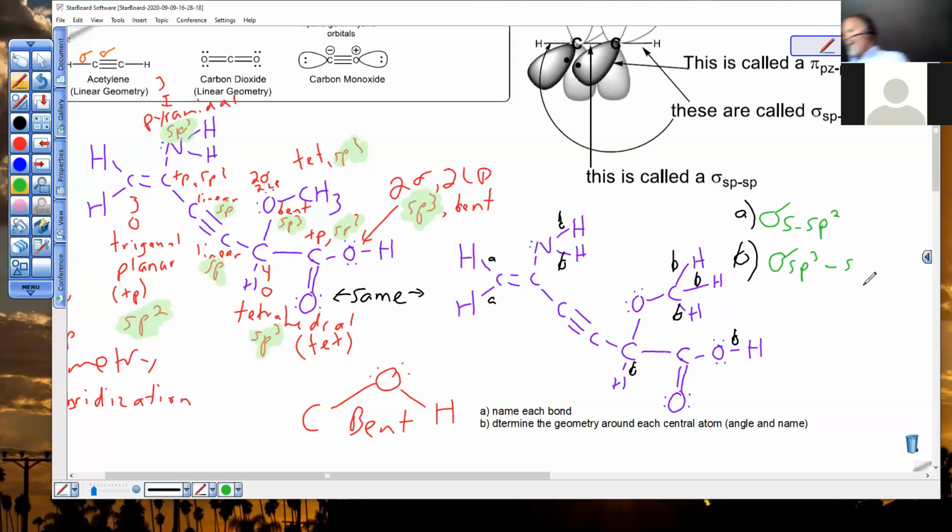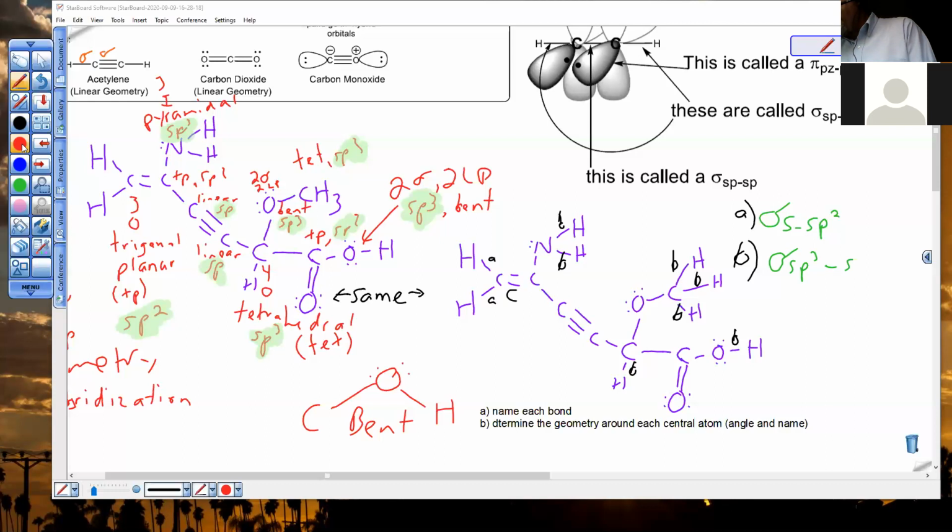And I'm just going to go left to right to finish this exercise. Here's a C. It's a sigma bond. I like doing sigmas first and pi's for dessert, like I mentioned earlier. So there's a sigma bond between two sp2s, sp2 and sp. Oh, I didn't do this one. See, that's the problem with things the way they are here.